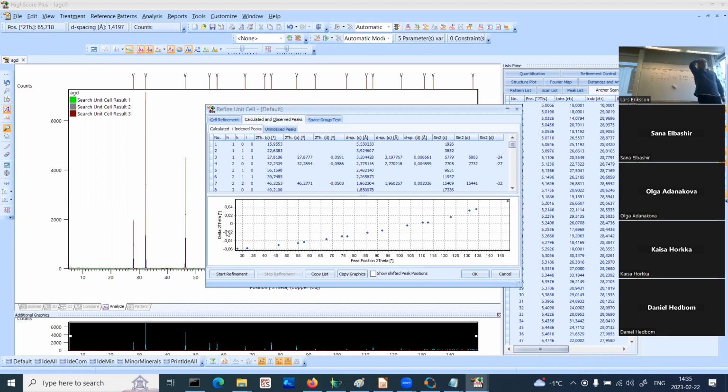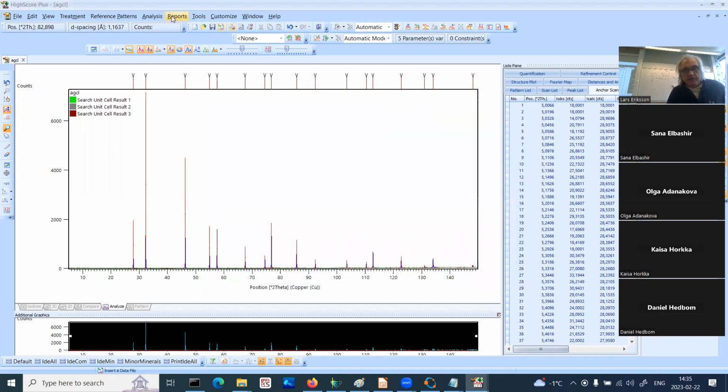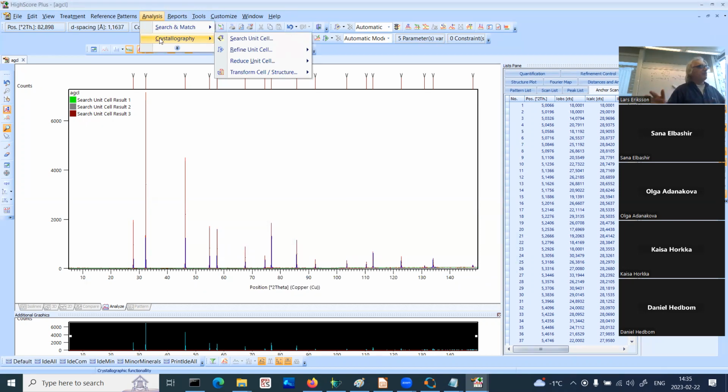This phase forms by precipitation. I'm not sure. I don't use High Score for other things than a sloppy first test. And if it works, then I'm satisfied.